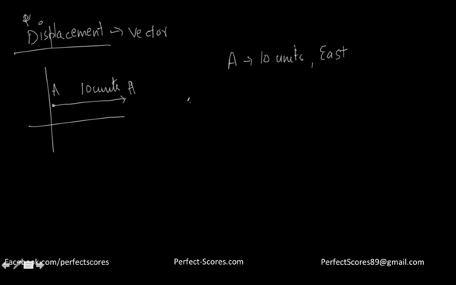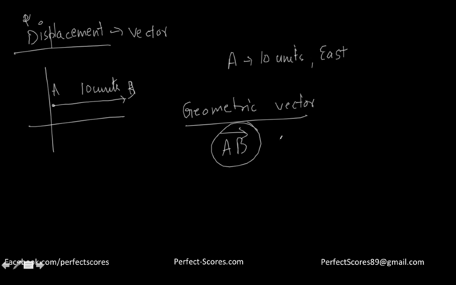Now, what do we mean by a geometric vector? A geometric vector is just like a vector. Let's suppose you go from point A to point B. It's represented by AB with a line and an arrow on top.